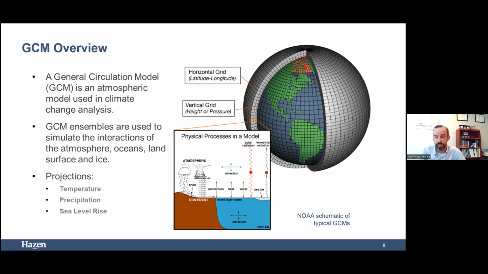One thing that's important to note is that those models tend to do a pretty good job projecting temperature trends over time. It's inherently harder to project the specific precipitation response.